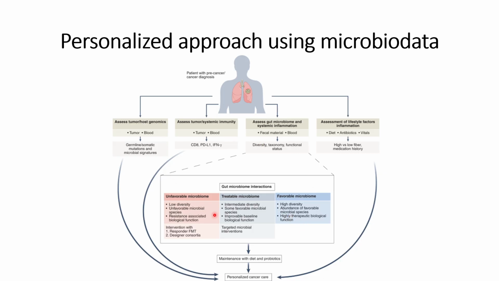So these things also need to be understood, including what bacteria or what conditions the patients are in, and these things can be changed by changing or maintaining diet and probiotics. And once they reach these two stages on the right-hand side, they can move further to have better personalized care.